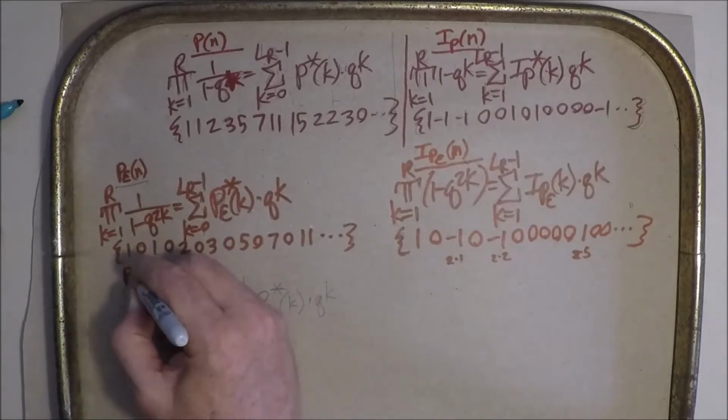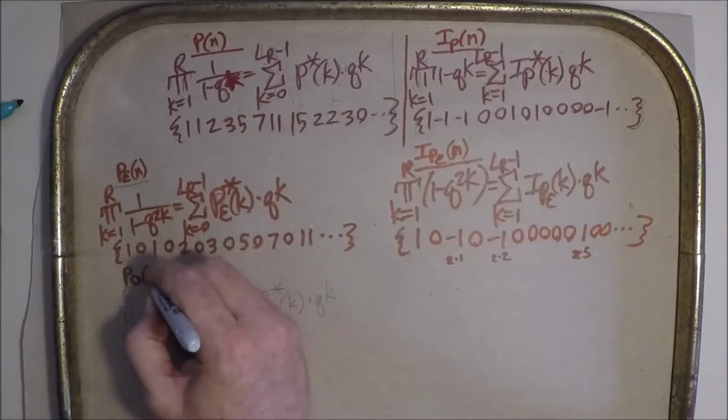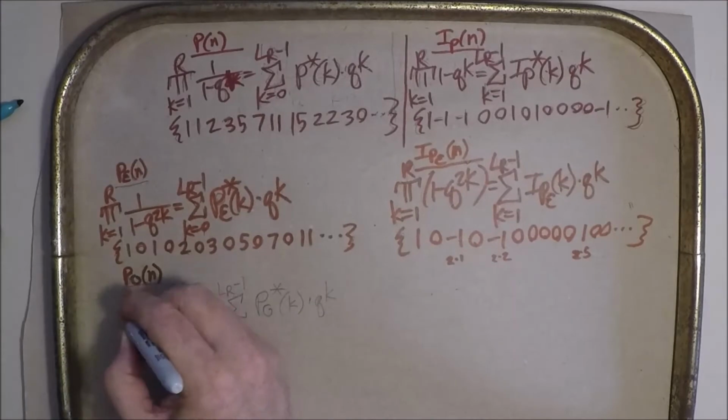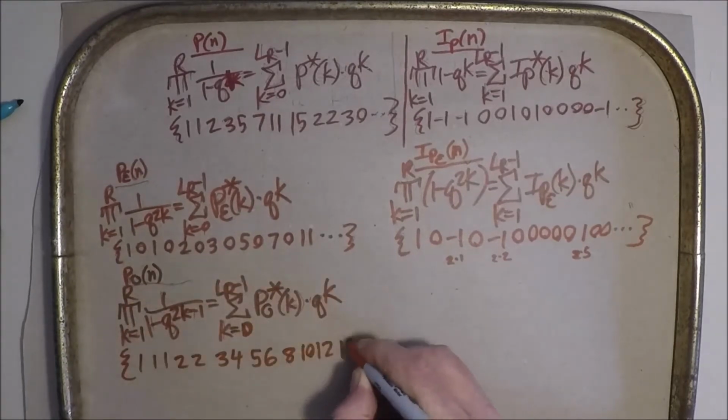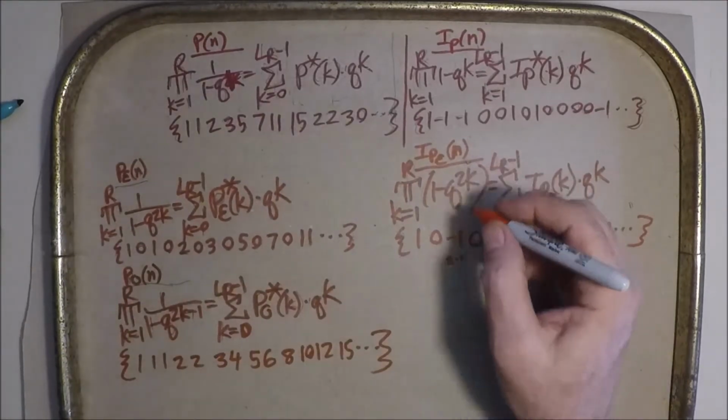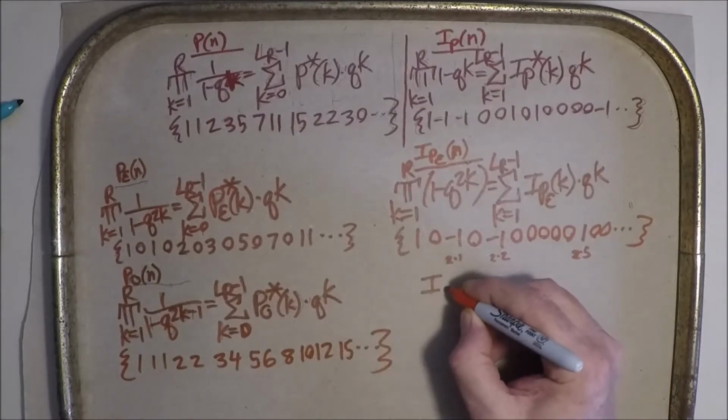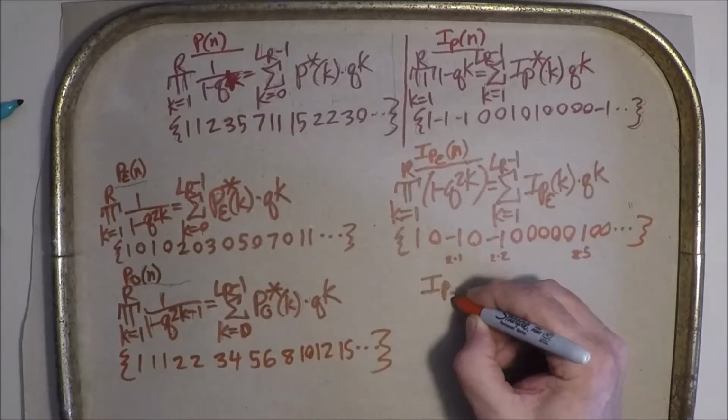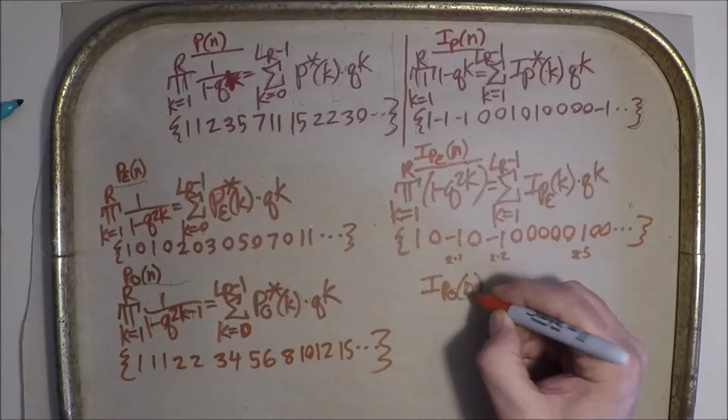And then, of course, we have its counterpart, partitions into odd parts. 1, 5, dot, dot, dot. So, what we want then is IPO of n.